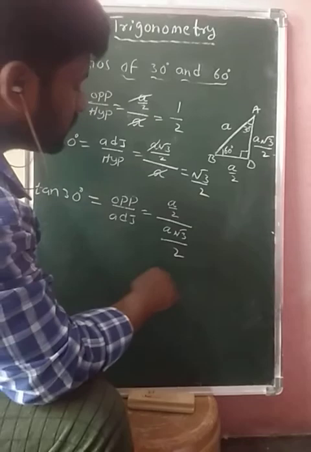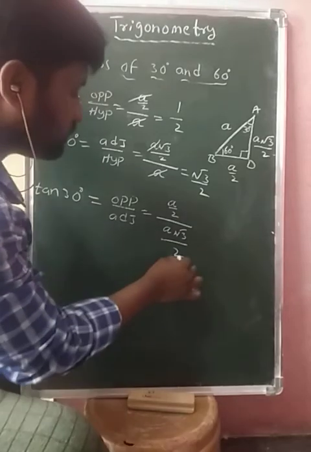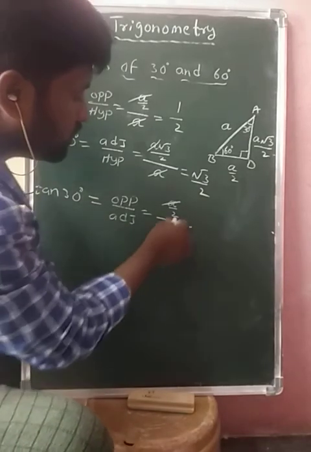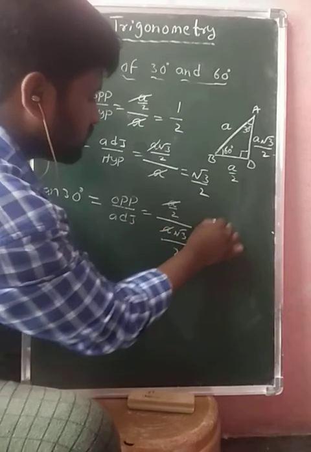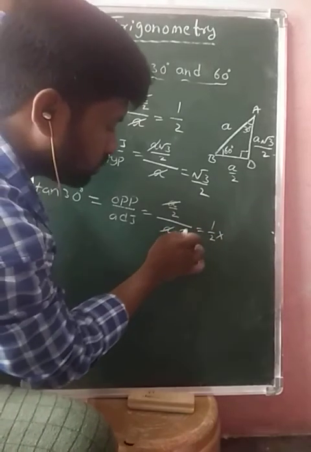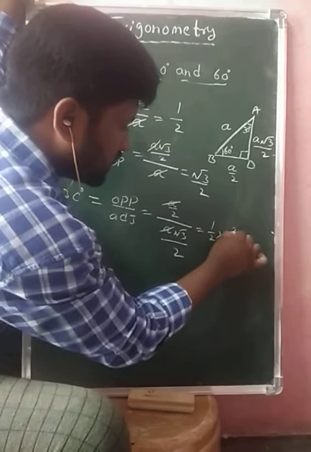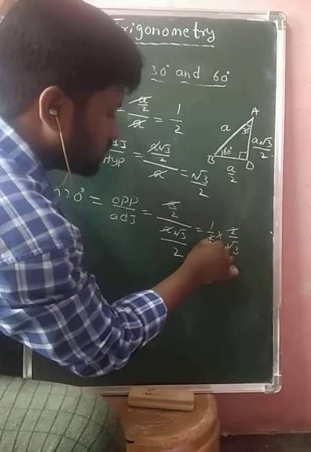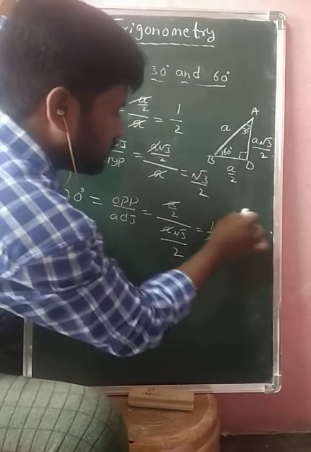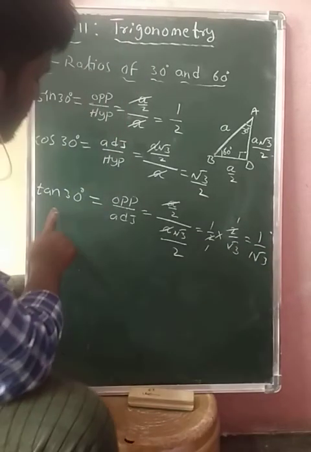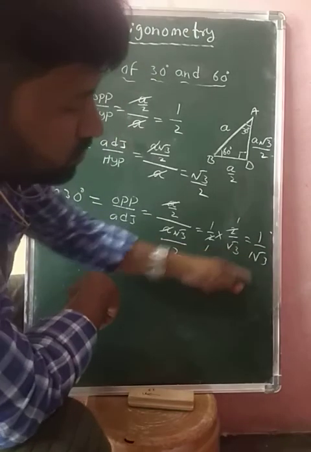Okay, now A cancels. Then we get 1 by 2 into 2 by root 3, since the fraction gets flipped, that is the reciprocal. The 2s cancel. So 1 into 1, 1 by root 3. So tan 30 degrees is equal to 1 by root 3.